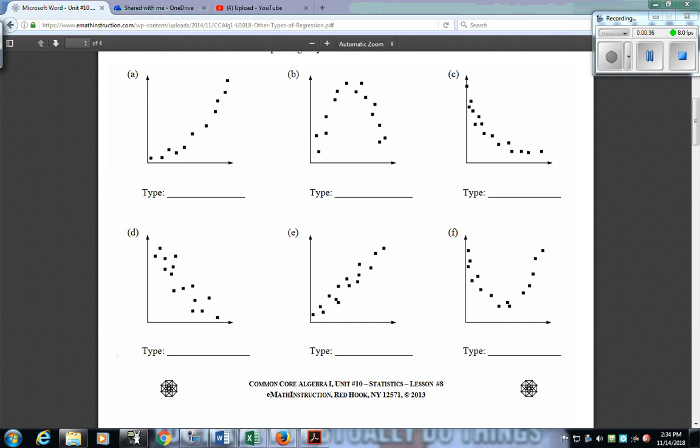So you can do a couple of these on your own, but like this first one here, kind of looks like it's turning upwards, so this one's going to be exponential. In the case of what type would be growth, this one right here would be a quadratic.